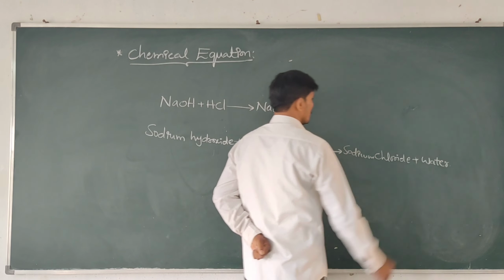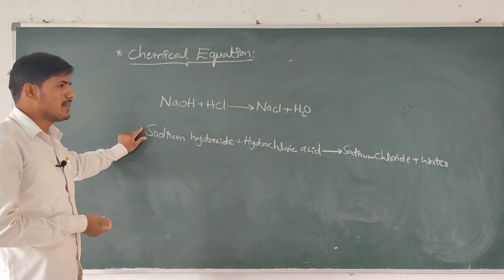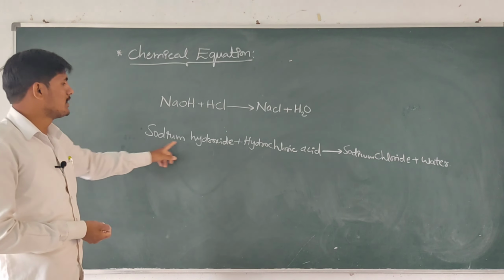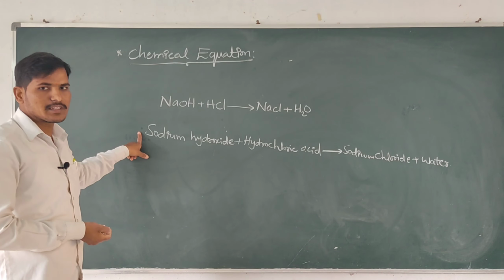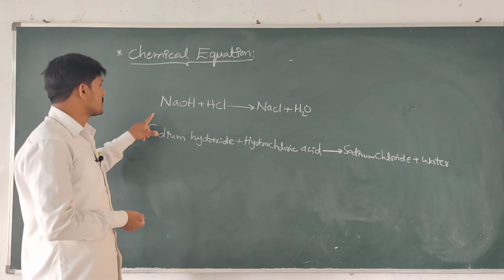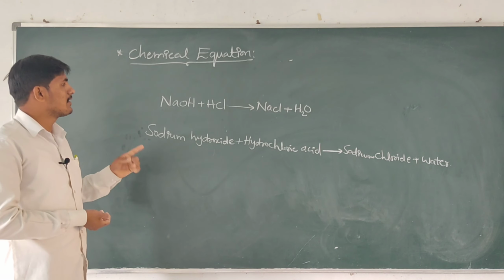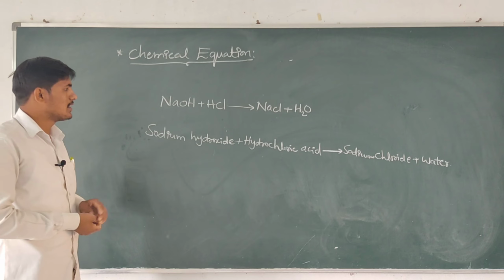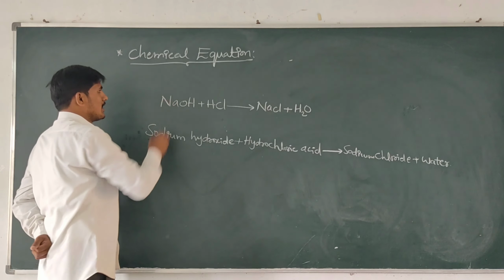A sodium chloride and a water molecule will be formed. So a chemical equation written using words like this is a word equation. Instead of these words, nowadays we represent a chemical equation with the help of symbols or formulas. It is called a chemical equation.